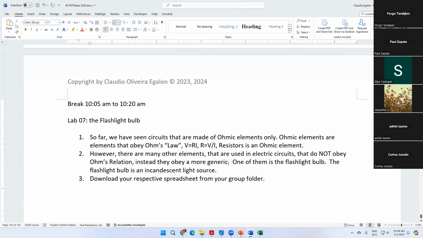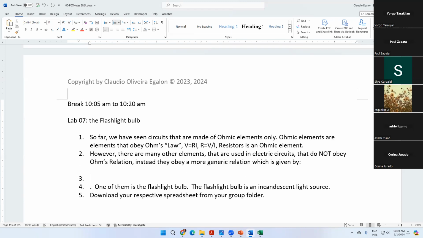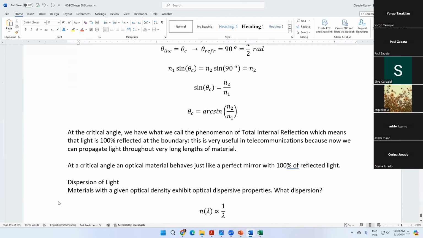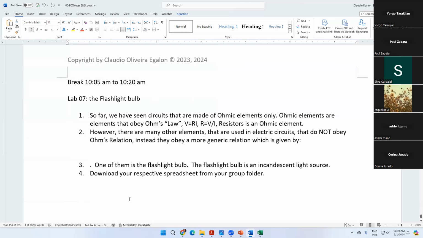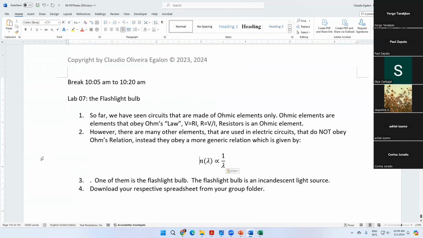Instead, they obey a more generic relation, which is given by R, the resistance, equal to delta V over delta I.